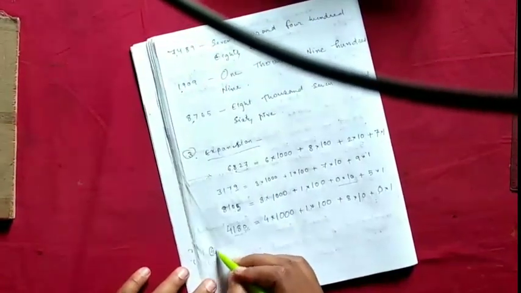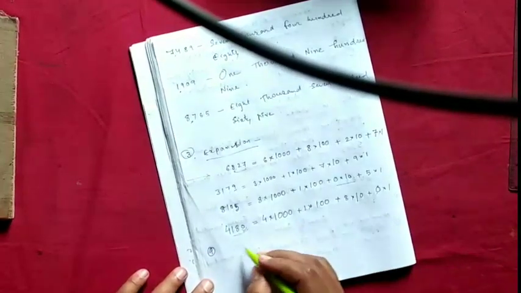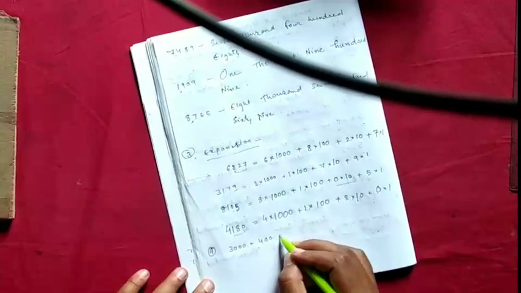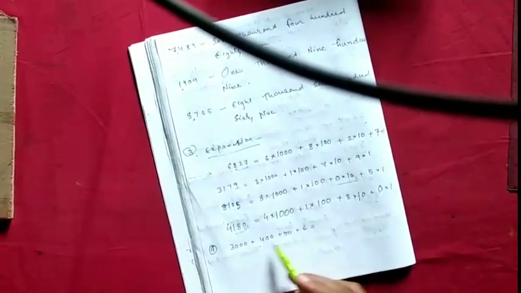Number 4: the expanded form is given, you write the numeral. 3000 plus 400 plus 50 plus 6. This is very simple.